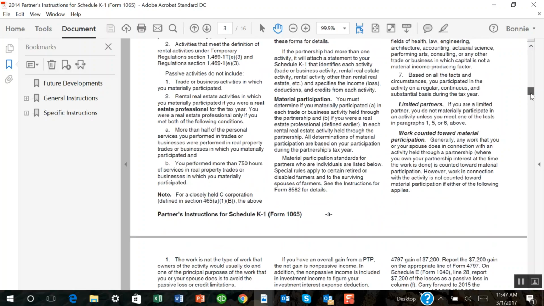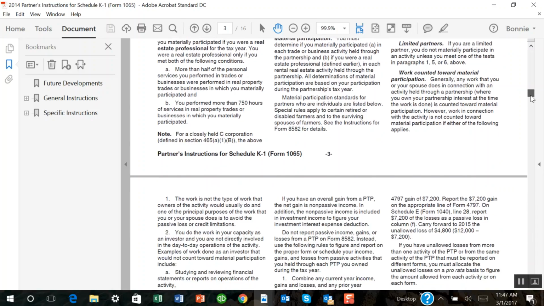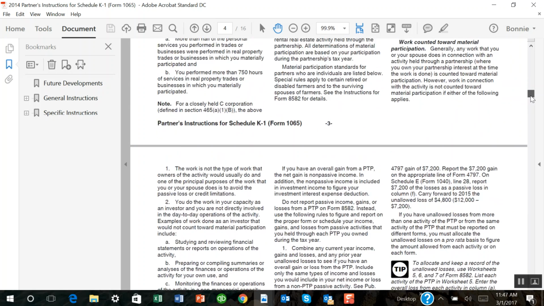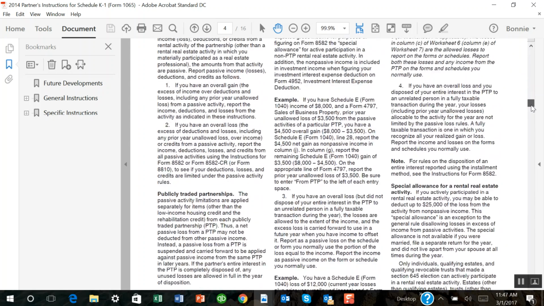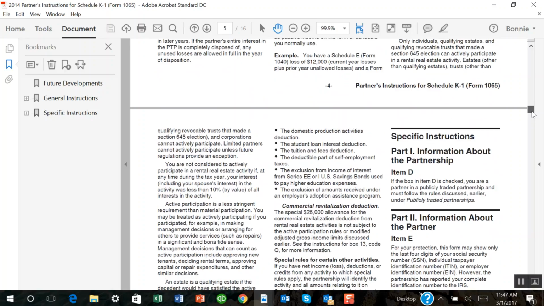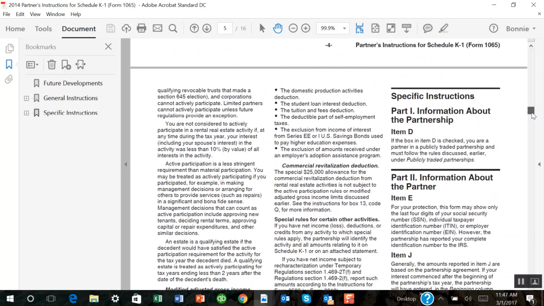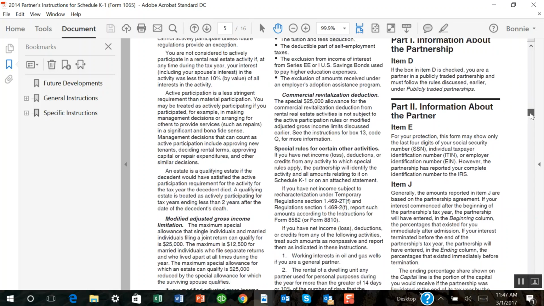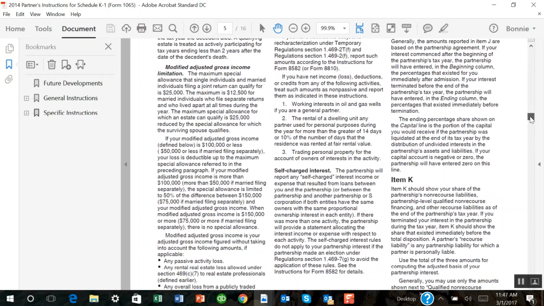So it's very important to figure out whether you're an active participant in the trade or business of the partnership in order to figure out whether passive activity limitations will apply to you. Then you get down to specific instructions starting on page 5, and that's where it'll explain these different items and line numbers and what you're supposed to fill out there, okay?